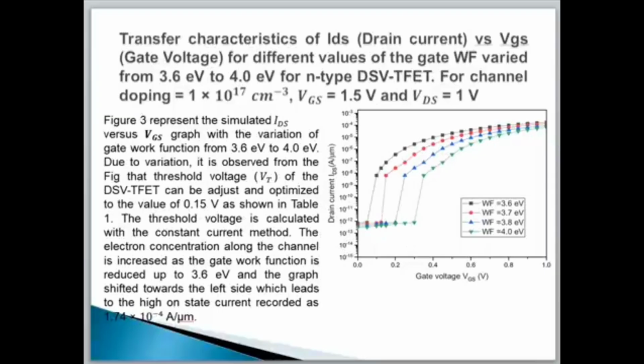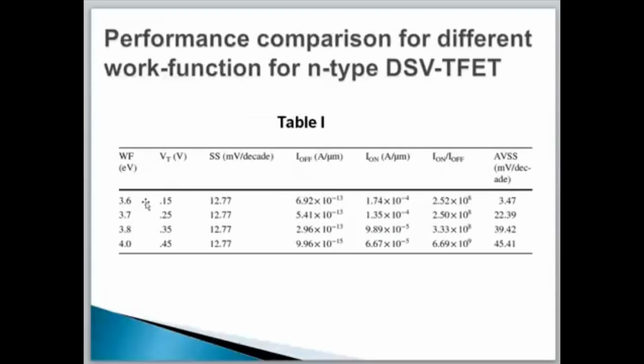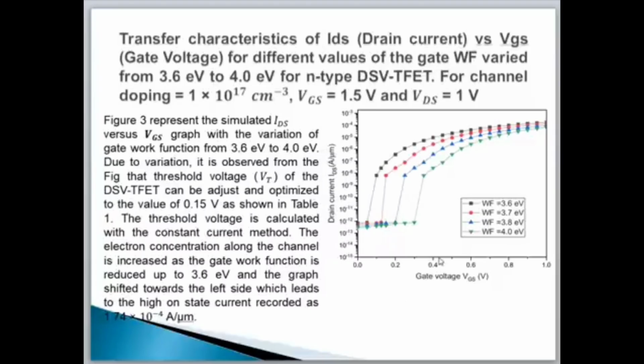From the table, you can note the optimized threshold voltage value is at 3.6 electron volt. The threshold voltage is calculated with the constant current method. If you don't know about the constant current method, it describes the minimum current required to switch the device from off to on state, that is 10 raised to power minus 7 ampere per micrometer.